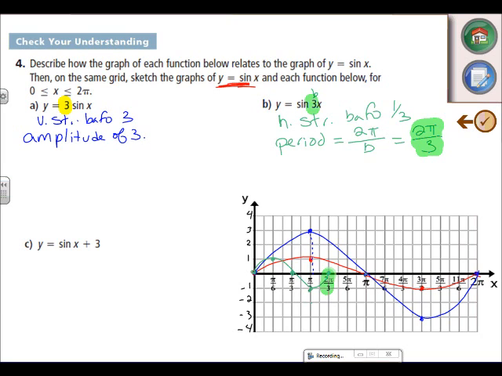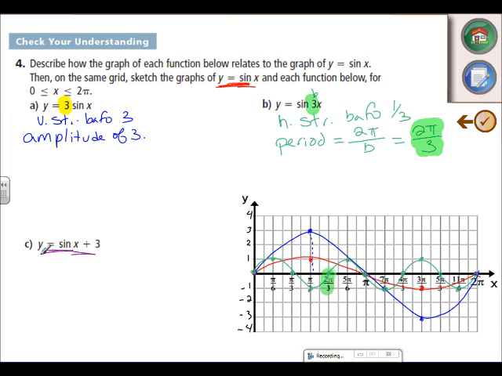I'm going to be back up to the maximum, back down to 0, then to the minimum, and back to the midline. There's my second cycle. But there's 3 cycles within the 2 pi now. Back up, middle, back down, middle. Third cycle on the same pattern.